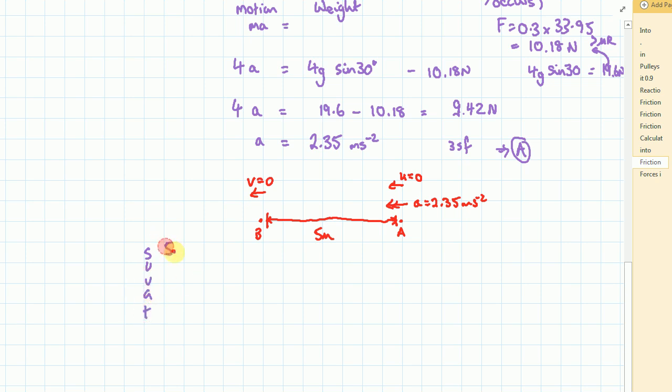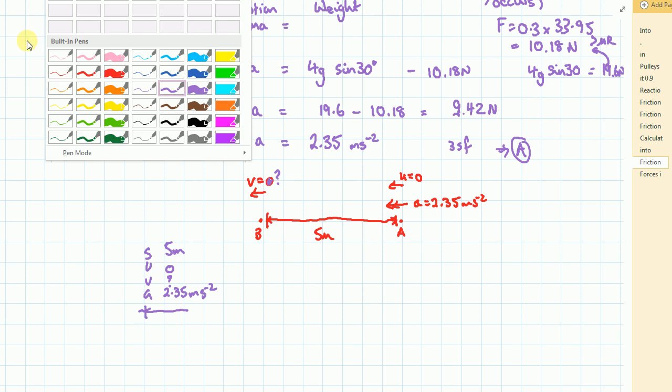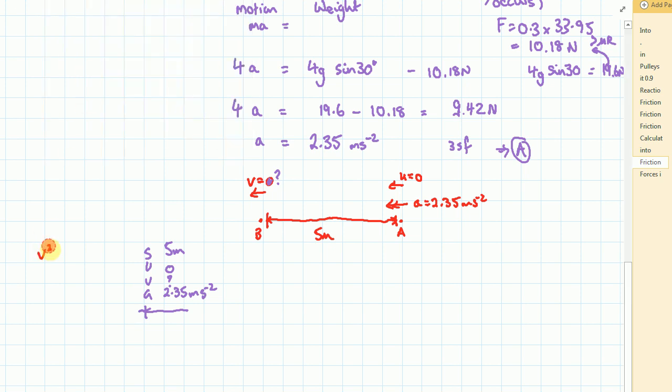So SUVAT quick check. S is 5 meters, U is 0, V is what we want to work out. A is 2.35 meters per second squared. We have no time. So which of our SUVAT equations is it? Oh yeah, it's the old friend, V squared equals U squared plus 2AS.